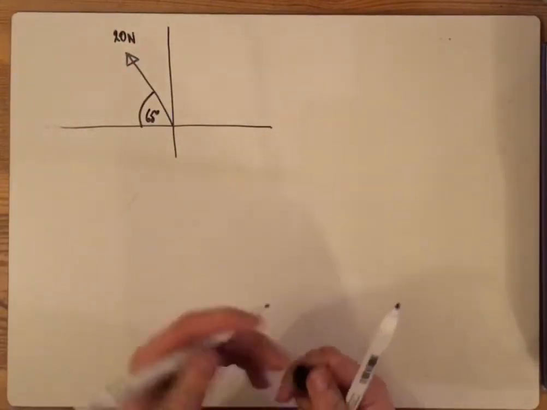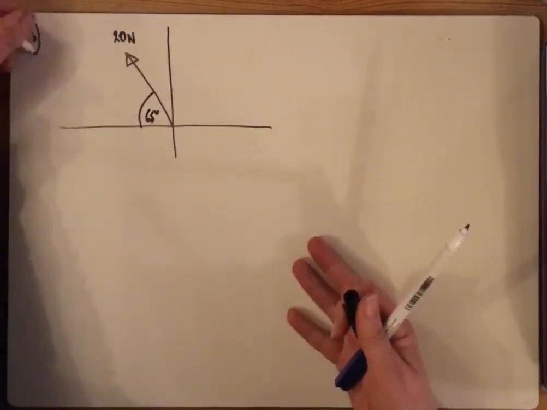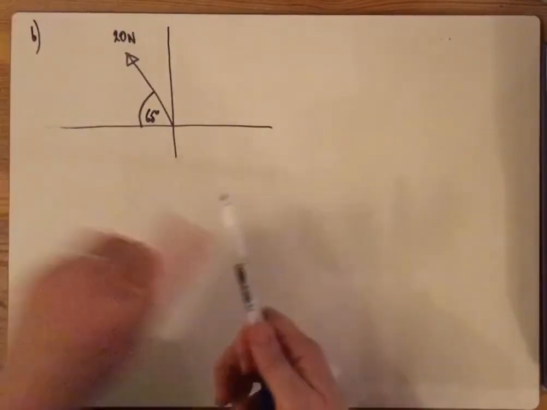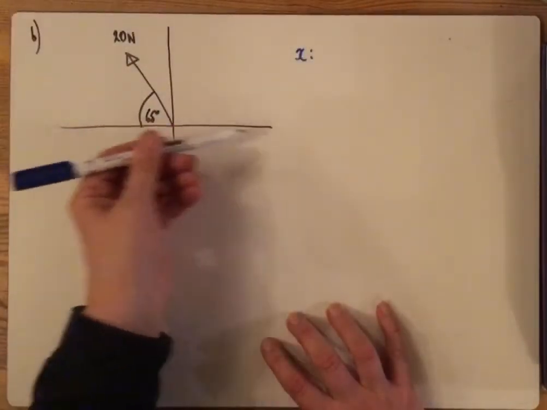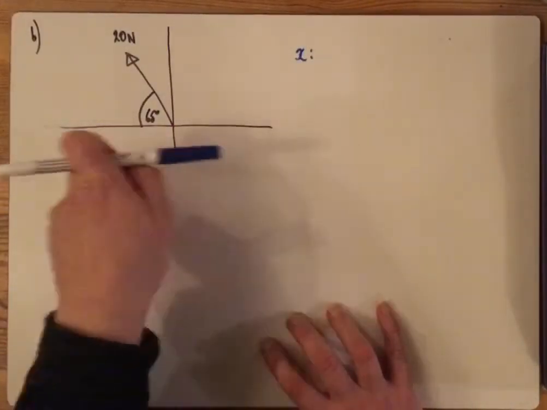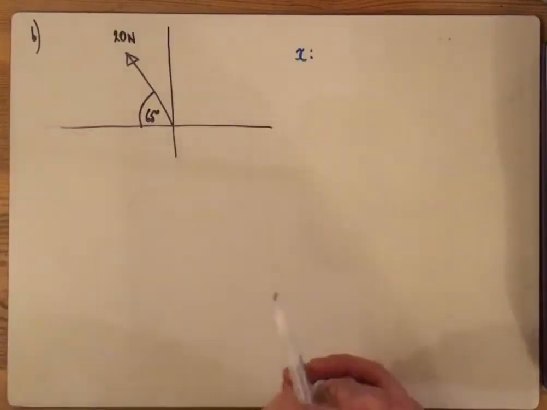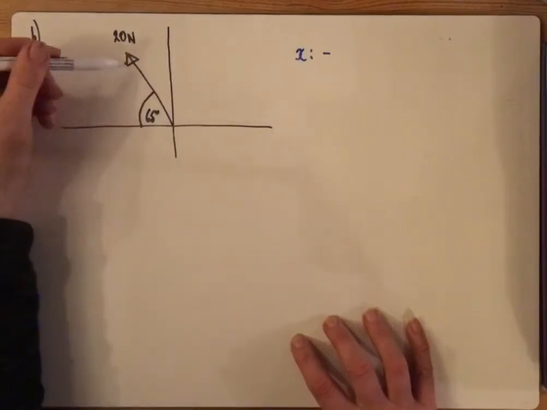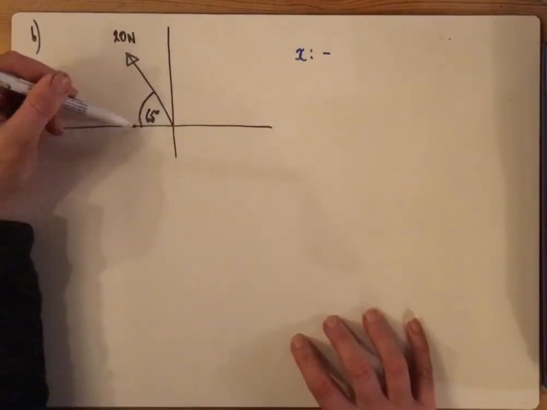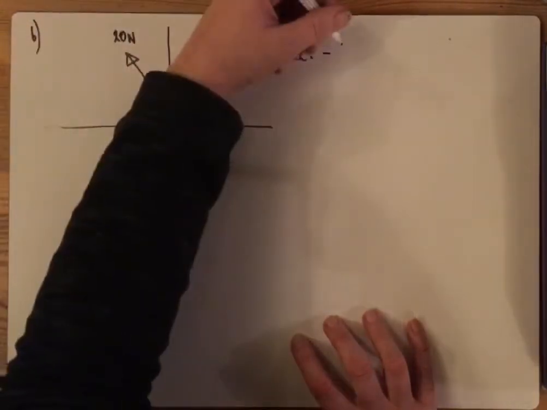Then the same deal, basically. So in the x direction, because this is the positive x direction, this is acting in a negative direction. So I'm going to put that negative on there, and then it's 20 cos 65 to get to the adjacent.